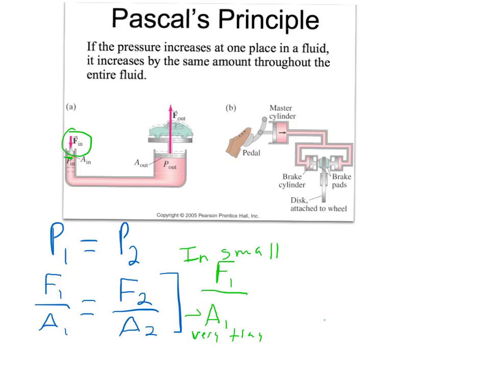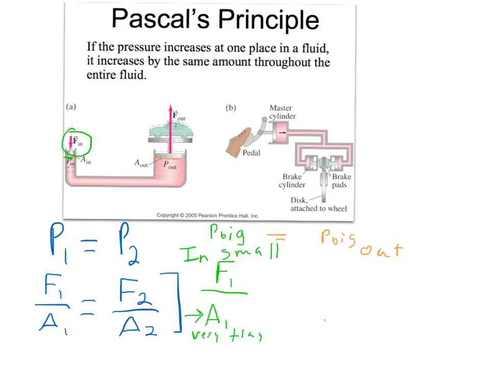Now, because that area is tiny, this actually means that we get out a big pressure. So over here, all the stuff we've put in, I've written in green. Small force on a small area, creating a big pressure, mainly because that area is very small. So think about small number in the denominator means the fraction's pretty big. On the other side of that equation, we have what we get out. Now, the pressure has to stay the same, so it has to be that same big pressure in and out.